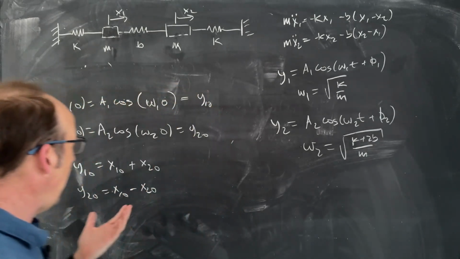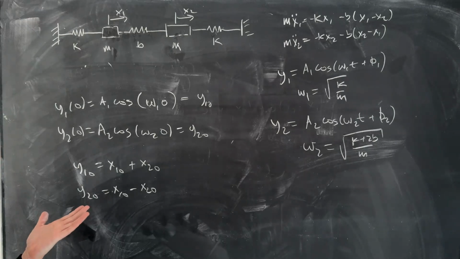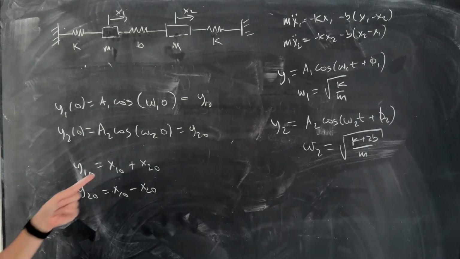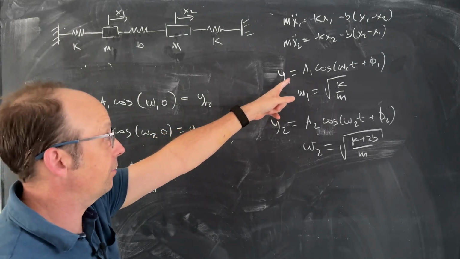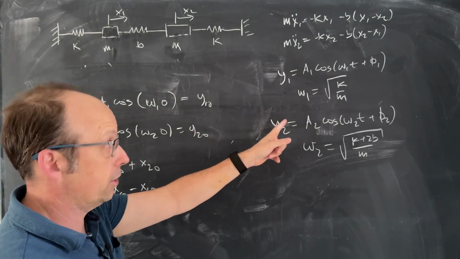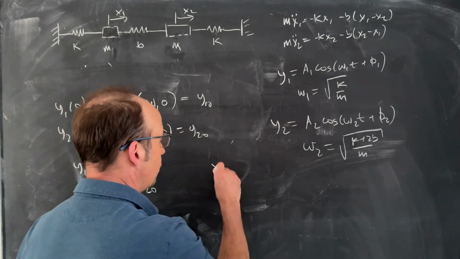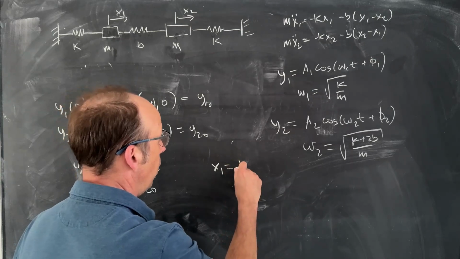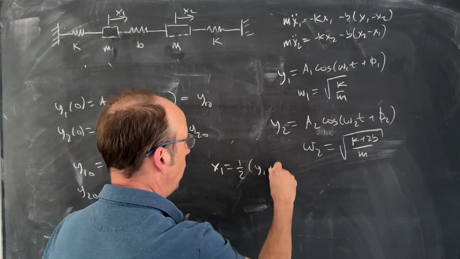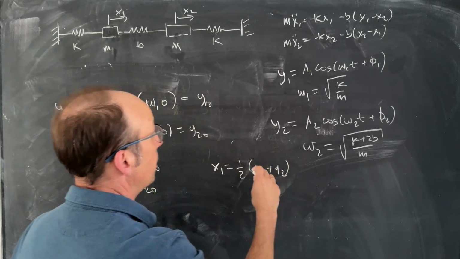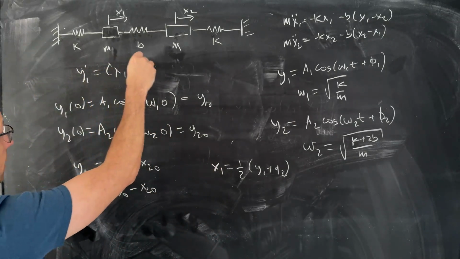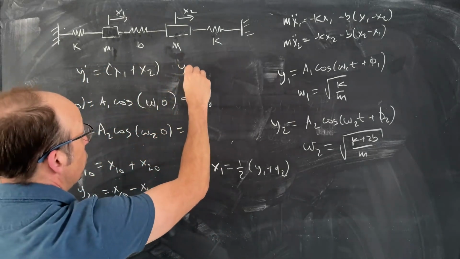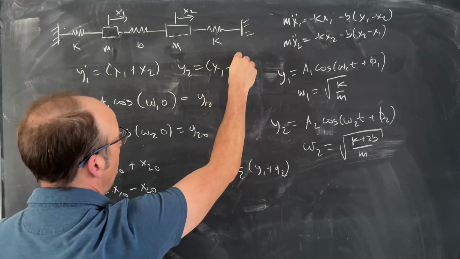So now I have a solution for x1 and x2 because I can solve back over here. If I want to go back to x1 and x2, I can see that x1 is going to be 1/2 times y1 plus y2, because y1 is x1 plus x2 and y2 is x1 minus x2.